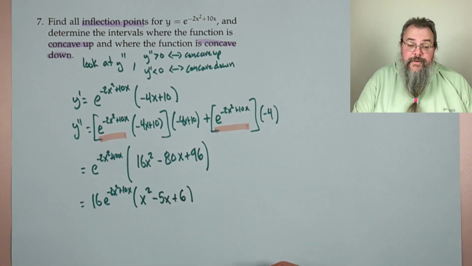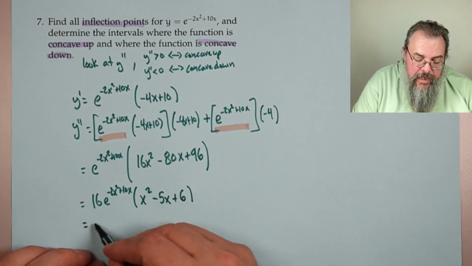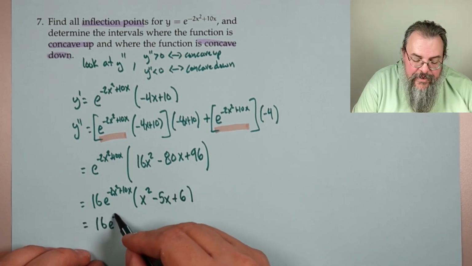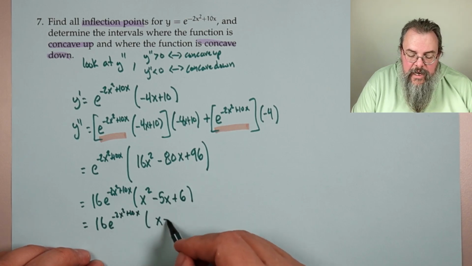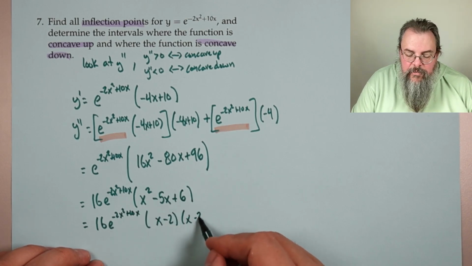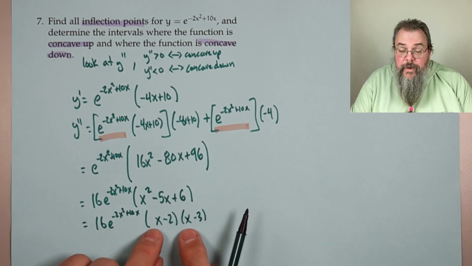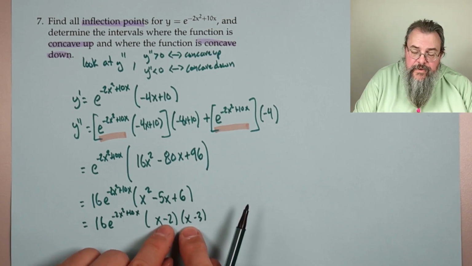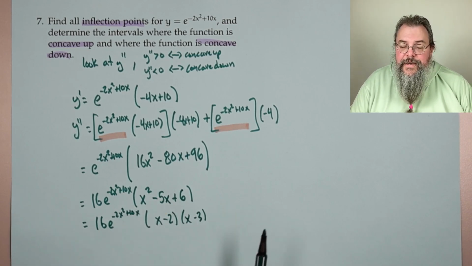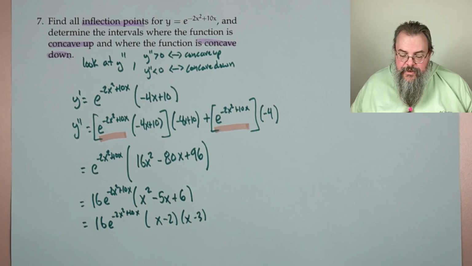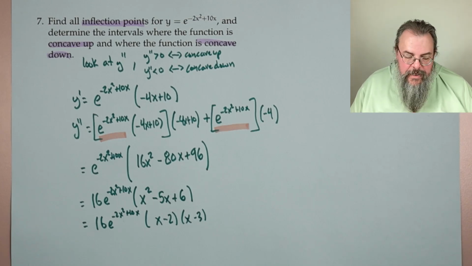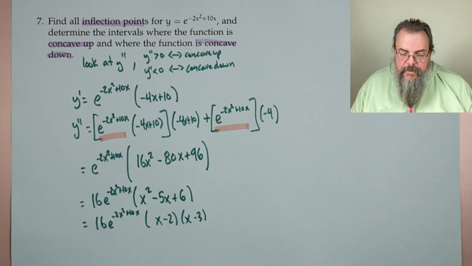And x squared minus 5x plus 6, well, by golly, if it doesn't factor. And how does it factor? X minus 2, x minus 3, right? X squared minus 3x minus 2x is minus 5x plus 6. All right, good, beautiful. This is lovely stuff we have going on here.